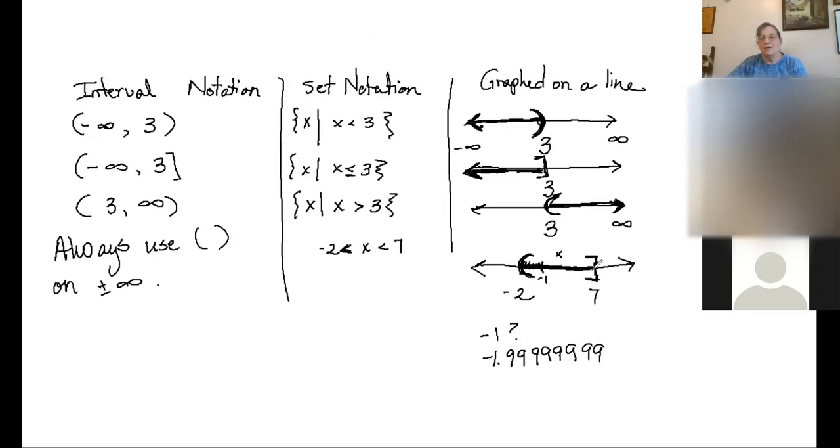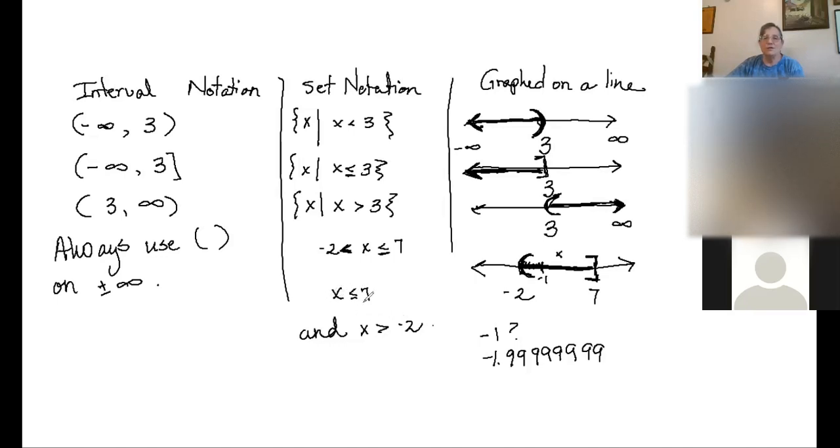In this case, because I had a bracket here, I have to put the line here for this to match up. This is the same exact thing as saying that x is less than or equal to 7. And if -2 is less than x, that's the same thing as x is bigger than -2. But we have to combine these into one expression here to say that it has to have both of these conditions met at the same time.